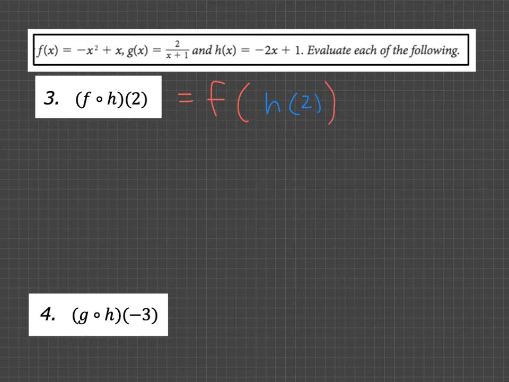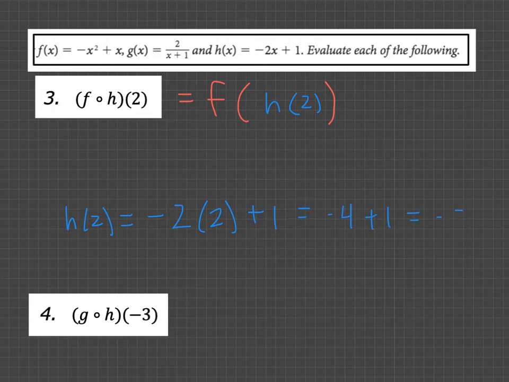So the first thing to do is to evaluate h of 2. So we'll take that function h and we're just going to plug in 2 to x. So we get negative 2 times 2, which is negative 4, plus 1.